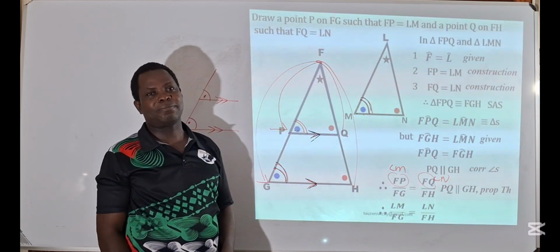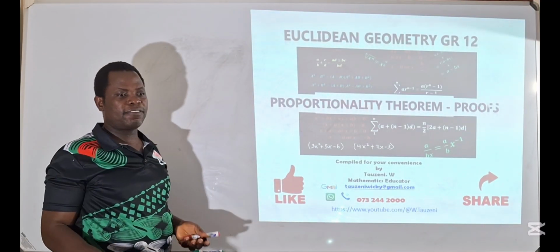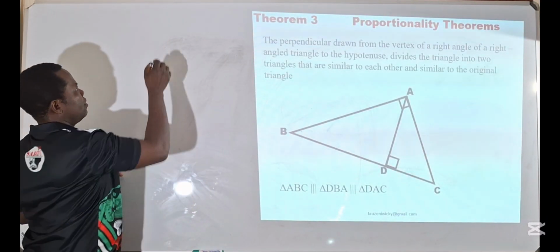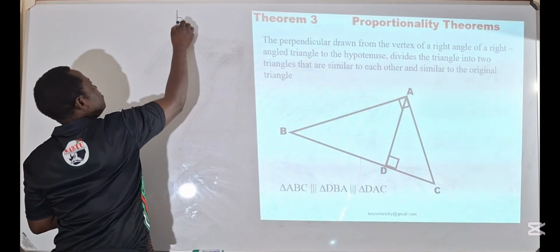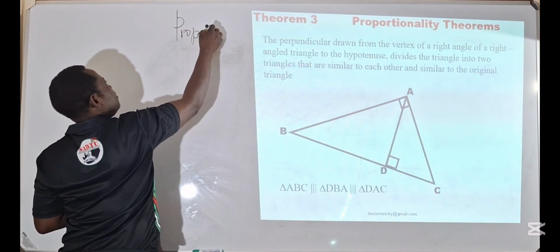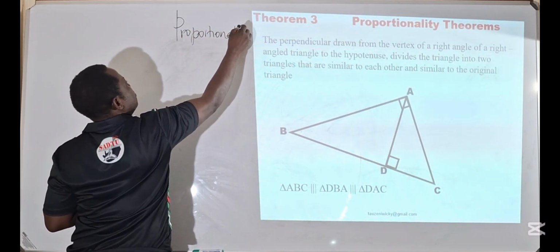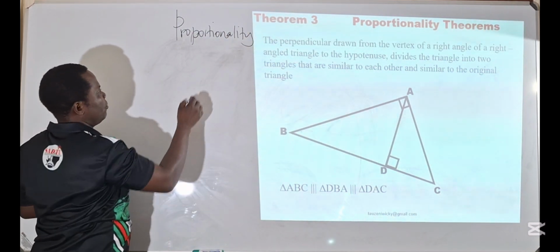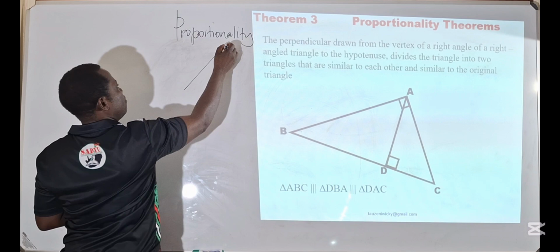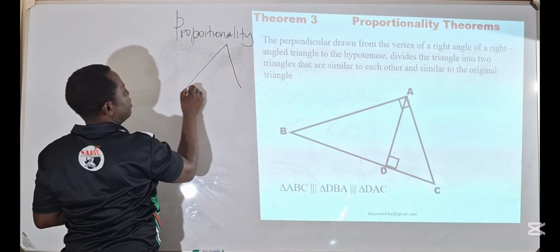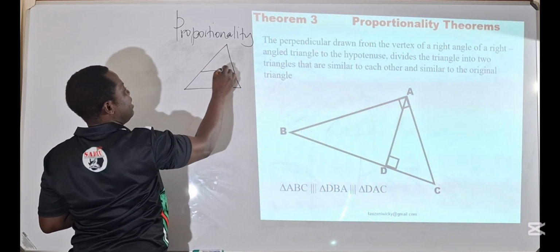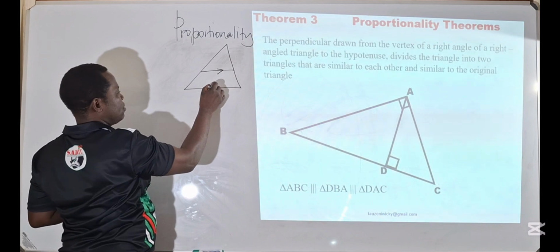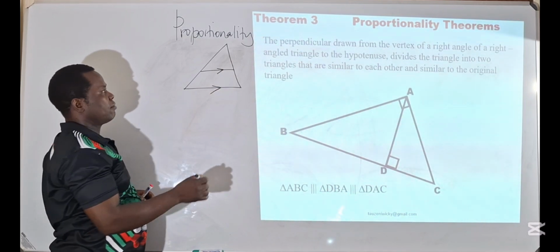That's similarity. Okay, so in this video we have discussed two theorems. The first one is proportionality. These are important items. So proportionality, you get one triangle, and in that one triangle there is a line inside the triangle which is drawn parallel to one side of the triangle.